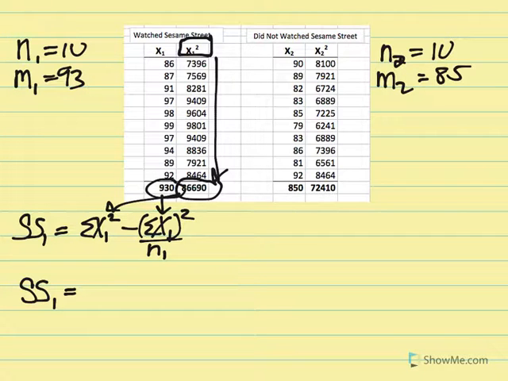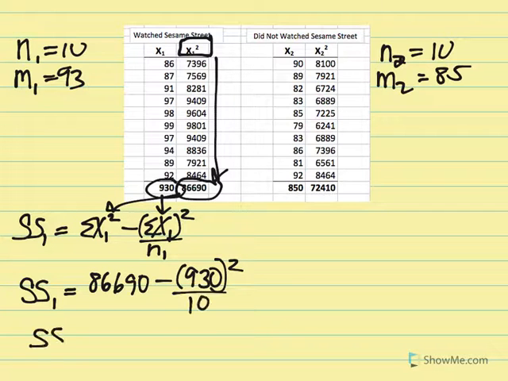So I have 86,690 minus 930. We're going to square that over 10. So in your calculators, go ahead and square 930, divide by 10, and subtract it from 86,690.